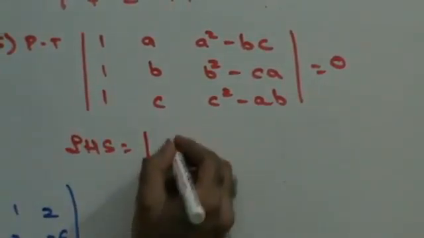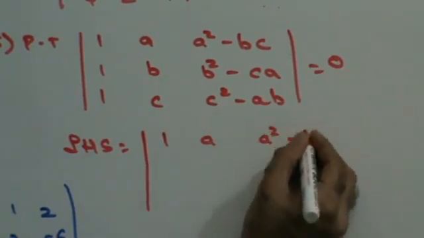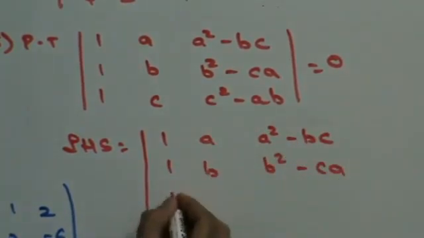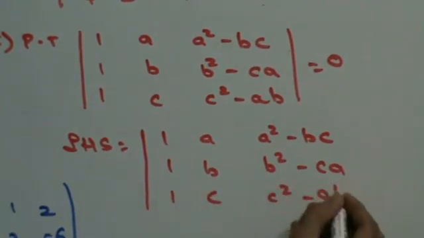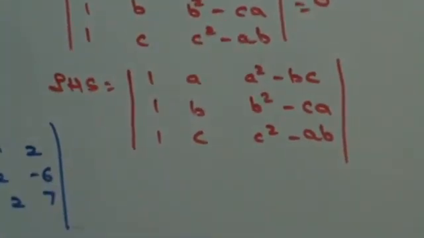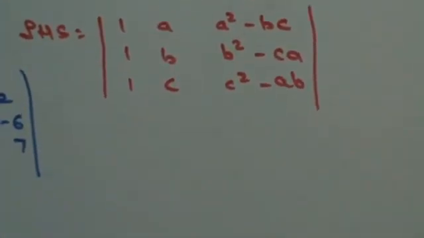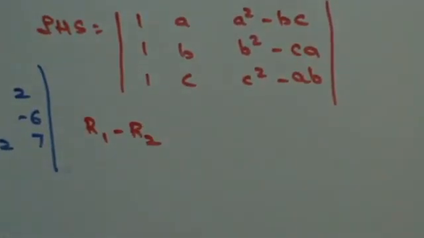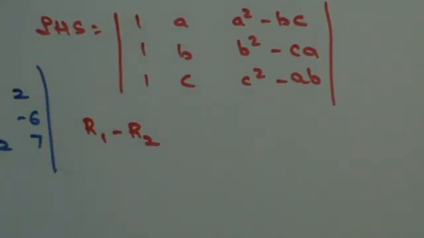LHS is 1, a, a square minus bc; 1, b, b square minus ca; 1, c, c square minus ab. Right? I want to get as many zeros as possible. The easiest way for me to get 0 is if I do R1 minus R2. If I subtract first row minus second row, I'll get a 0.